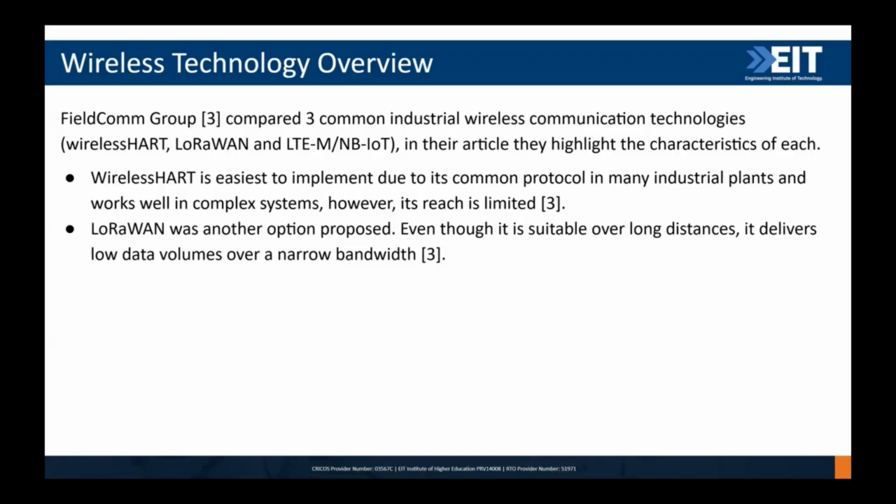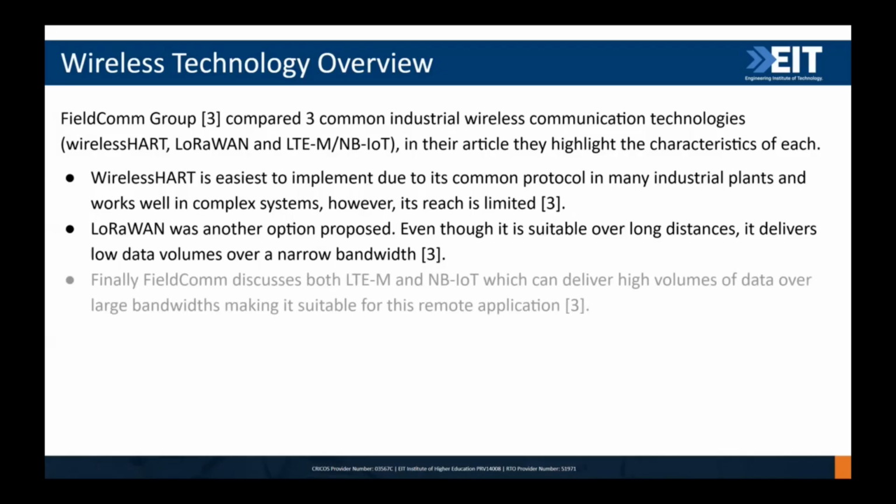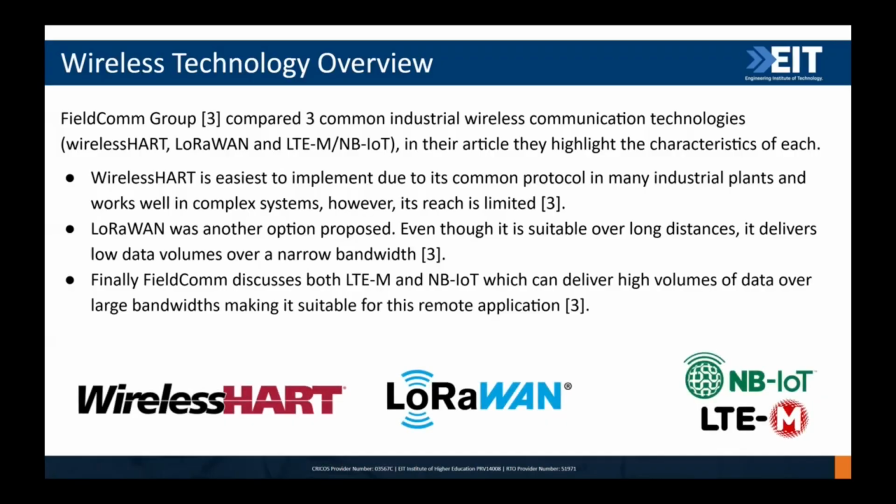LoRaWAN was also another option. It is suitable over long distances, however, the data rates or volumes are relatively small over very narrow bandwidths. Finally, we decided to employ either LTE-M or NB-IoT, which can deliver relatively high volumes of data over large bandwidths, making it suitable for this application.